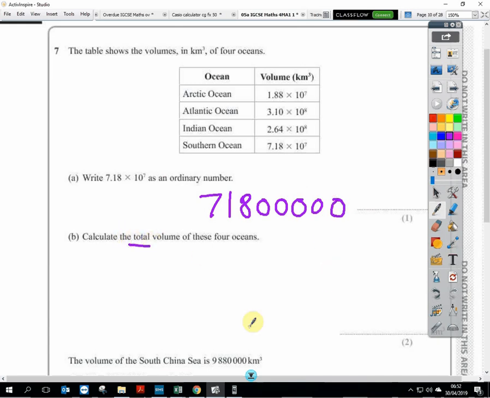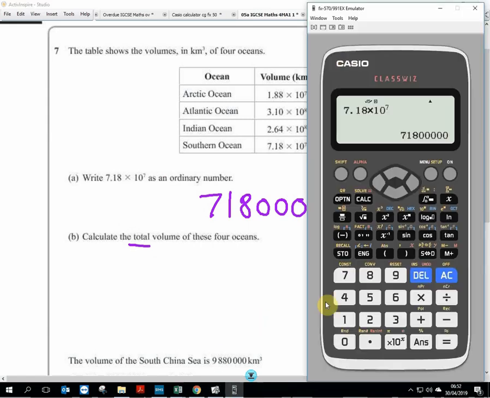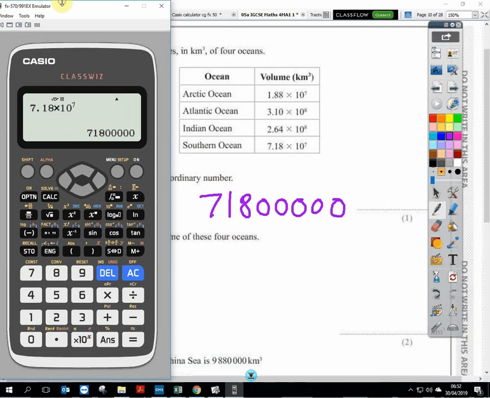Calculate the total volume of these 4 oceans. So what you need to do is add them all together. Now there is no point in changing these to ordinary numbers, it's a waste of your time.